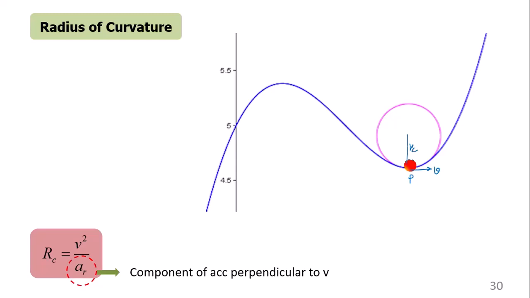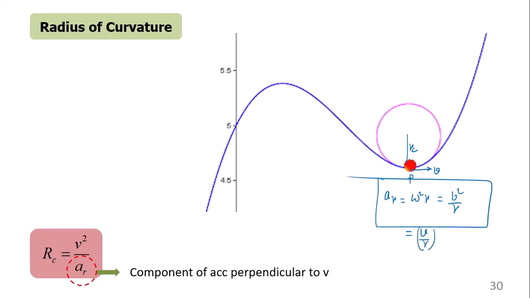For this, you know that along this direction, the radial acceleration is either omega square r or can be written as v square by r. Why? Because omega is equal to v by r, so omega square into r gives v square by r. Understood? So radial acceleration has two expressions: one is omega square r, another is v square by r.